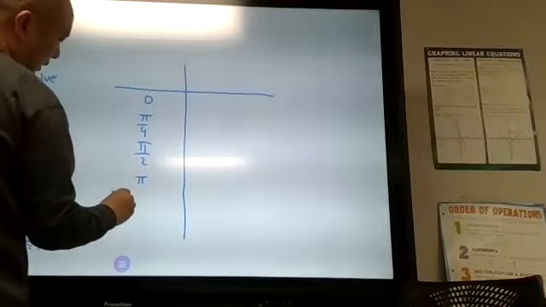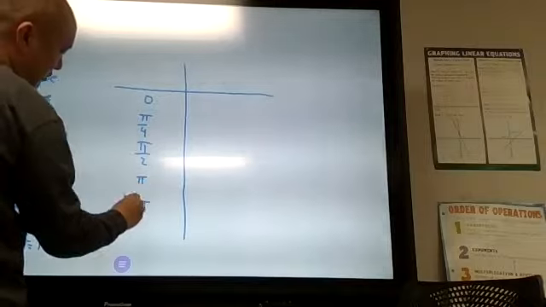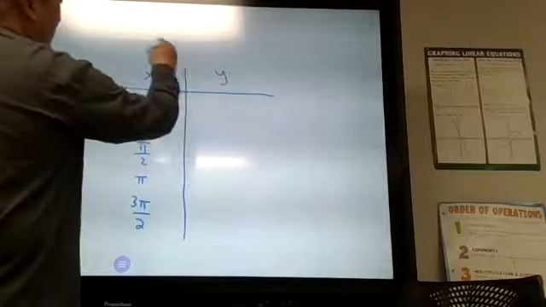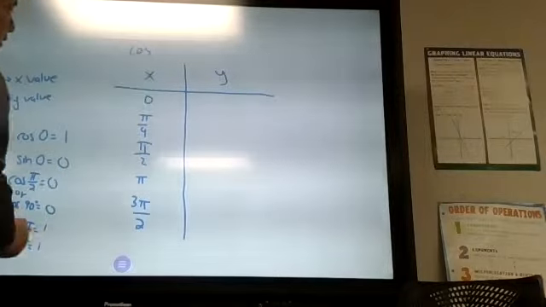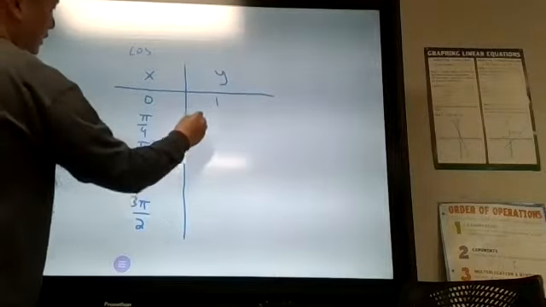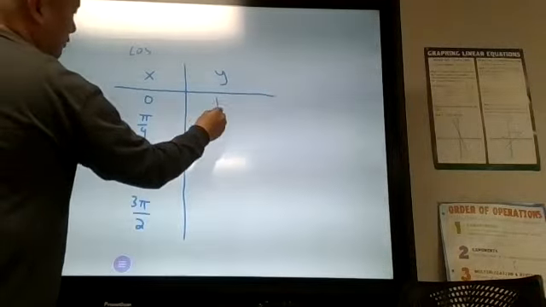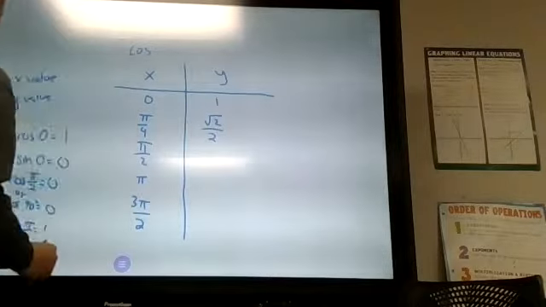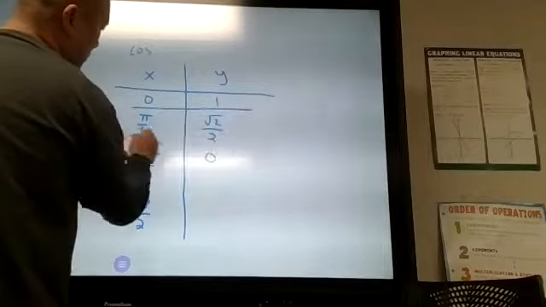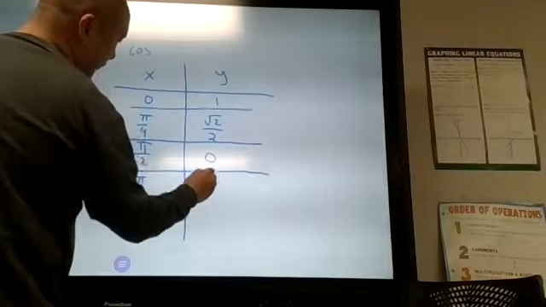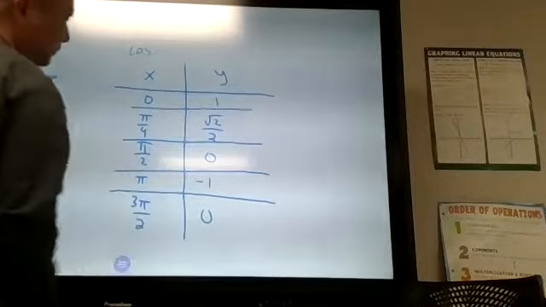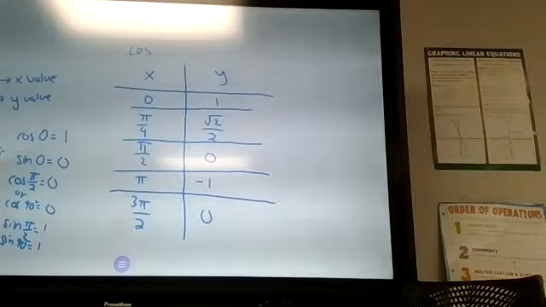Pi, and then 3 pi over 2, right? These are the x values right here, and these are the y. So if I get the cosine of each of these values, remember the cosine of 0 is 1. The cosine of pi over 4 is root 2 over 2. The cosine of pi over 2 is 0. And this is -1. This is back to 0 again. Okay, so this is the table of values right here.